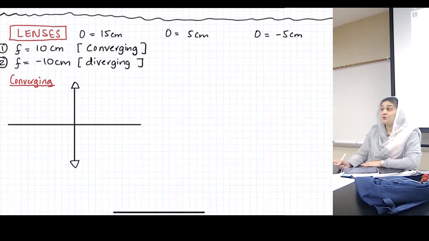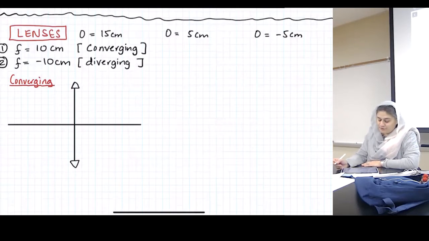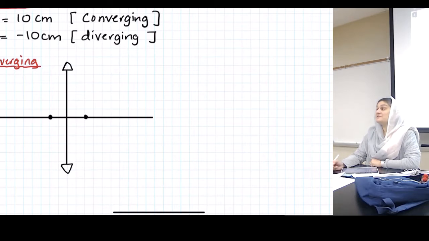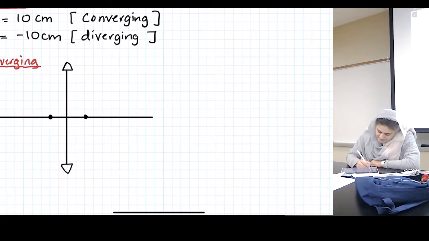And it's a lens, so it should be on both sides. I'm going to use my 2 boxes as my focal points. Each box for me is 5 centimeters. So where should I put my object? At 15.